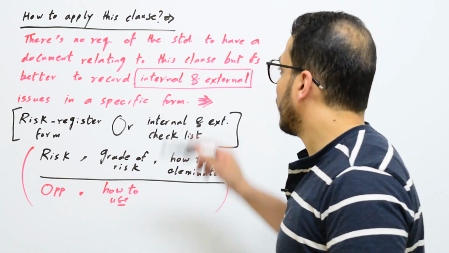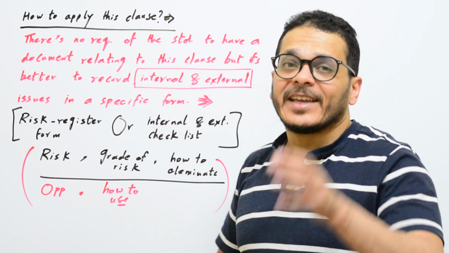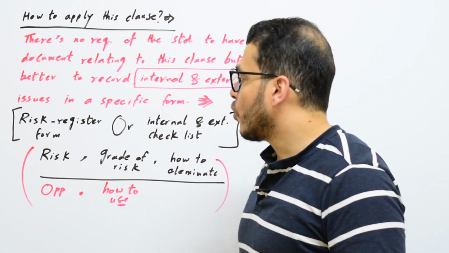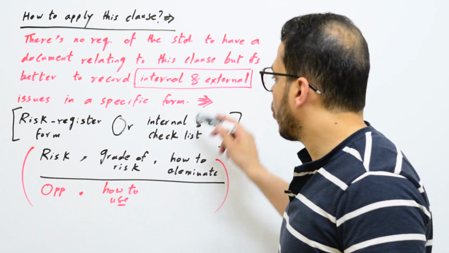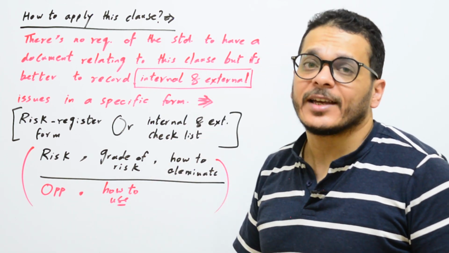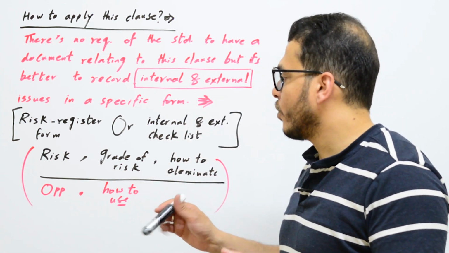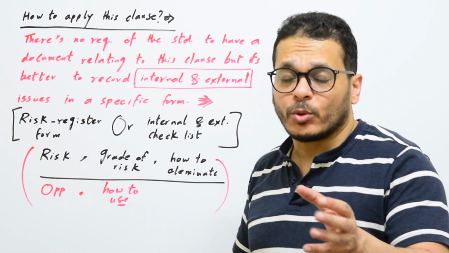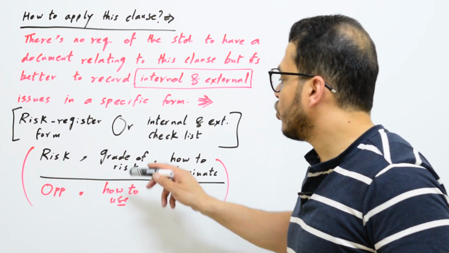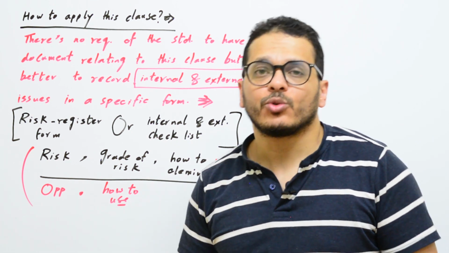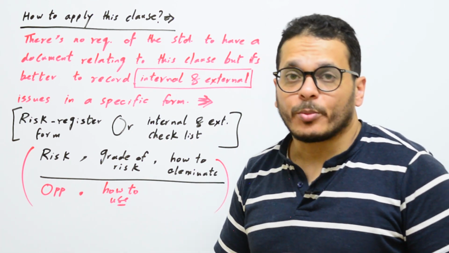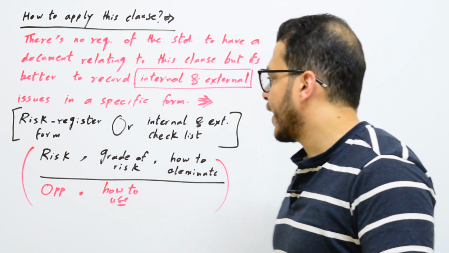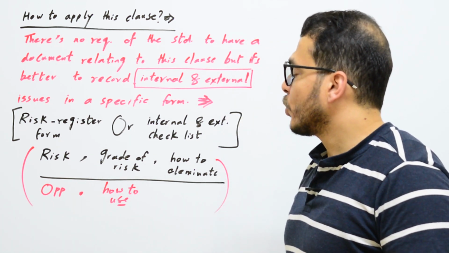Also after that, you will have internal and external issues in a specific form, and this form can be called risk register form or internal and external checklist. Inside this form, you will record the risk, grade of risk, and how to eliminate or reduce this risk, and the opportunity, and how to use this opportunity to improve your work and the quality of your product.